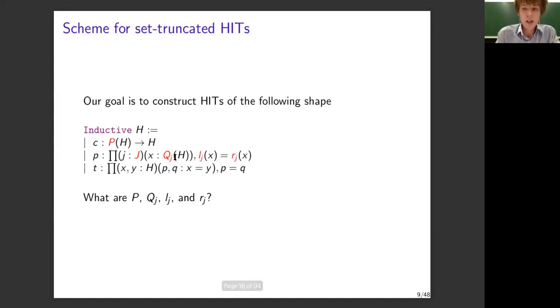So if we would like to define signatures for such higher inductive types, we must specify what P, J, Qj, Lj, and Rj are. And P and Qj are given by finitary polynomials.